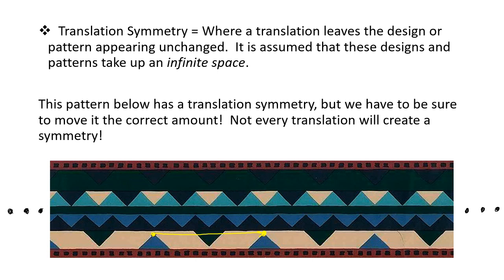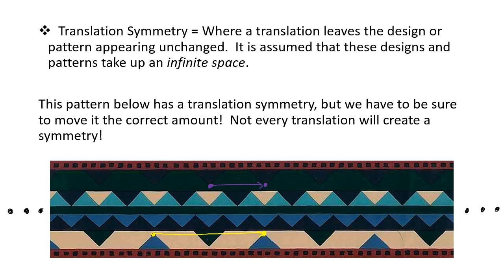Now compare this to, we'll do it in this sort of purple. Suppose instead I go from this point over here to this point. Now, that's not going to be a translational symmetry, because even though these dark points along the top will match, notice that this black point and this blue point have switched places.